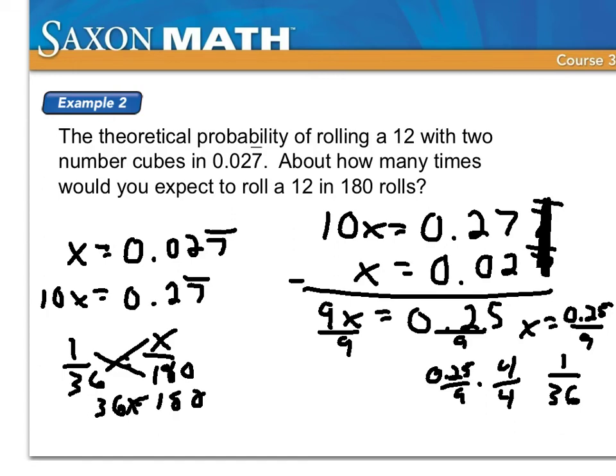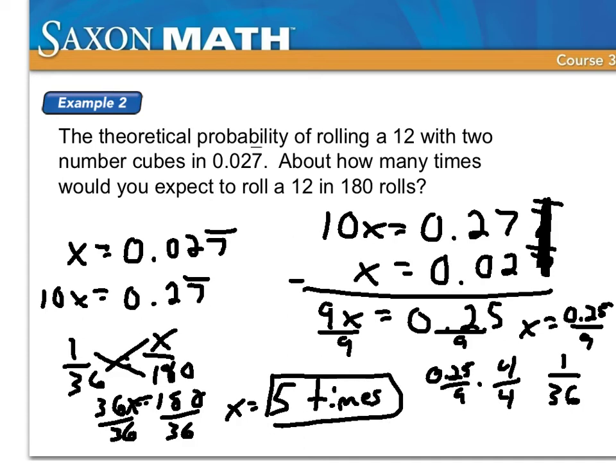Oops, 36x equals 180. Then if I divide by 36, 180 divided by 36 equals 5. So my answer is 5 times. I could expect that to happen out of 180 rolls, if it's 1 out of every 36.